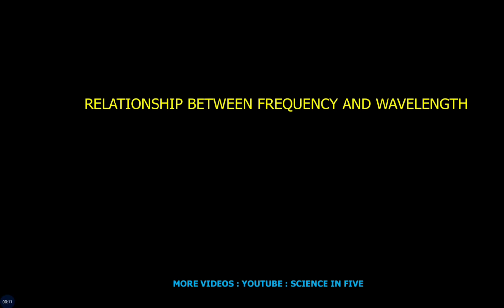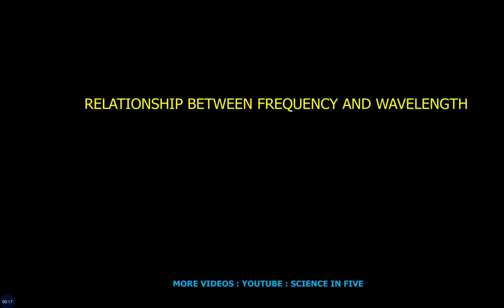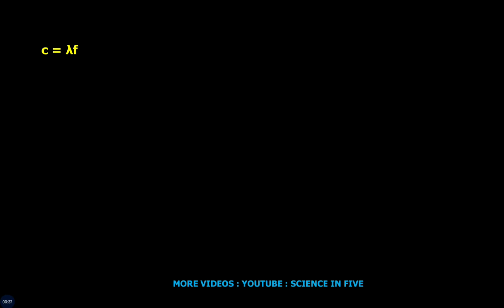In this video, we're going to talk about the relationship between frequency and wavelength of a wave. The speed of a wave is equal to the product of the wavelength and the frequency, which can be represented by the equation c = λf.